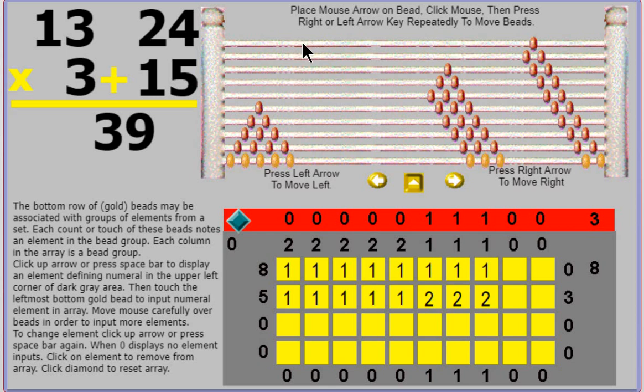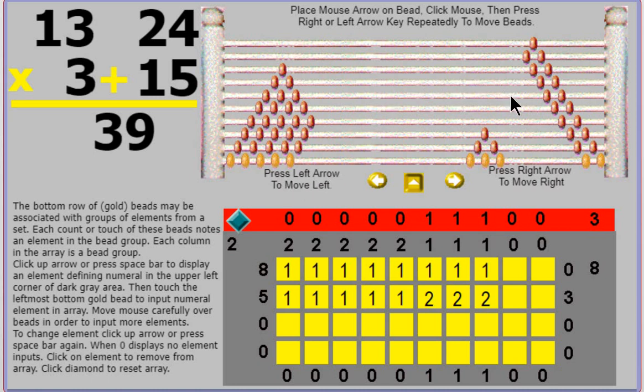Now, I could continue by pushing the rectangle over to the left post, and continue with the second count over here against the left post.